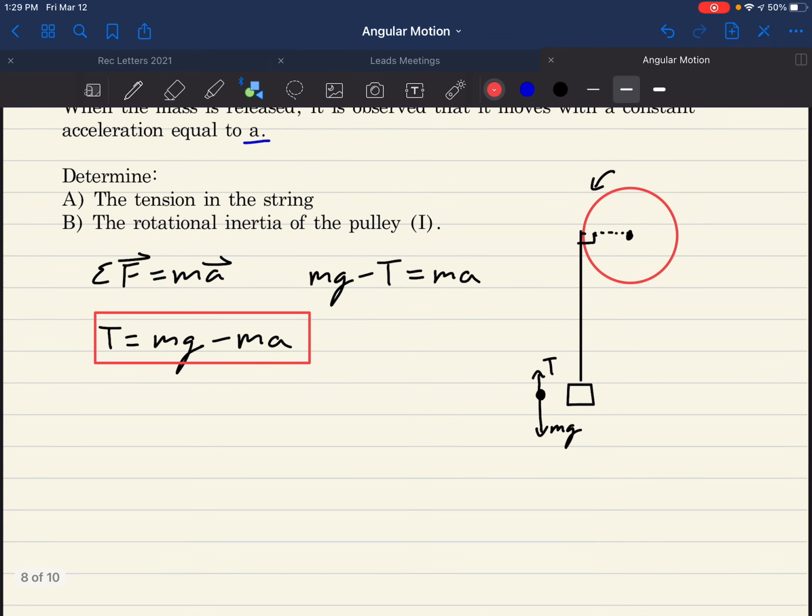And now we're looking for the rotational inertia of the pulley. So for that, we can write another equation using net torque for the pulley. Now notice the pulley, right? The pulley has a tension force acting on it, pulling down right here.